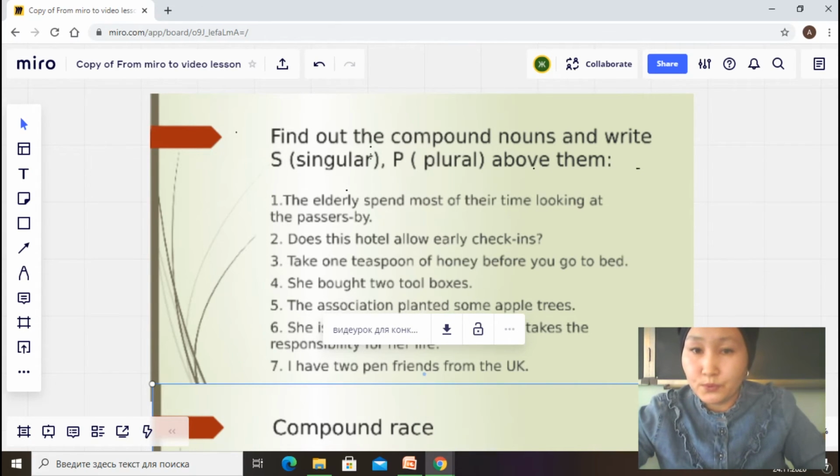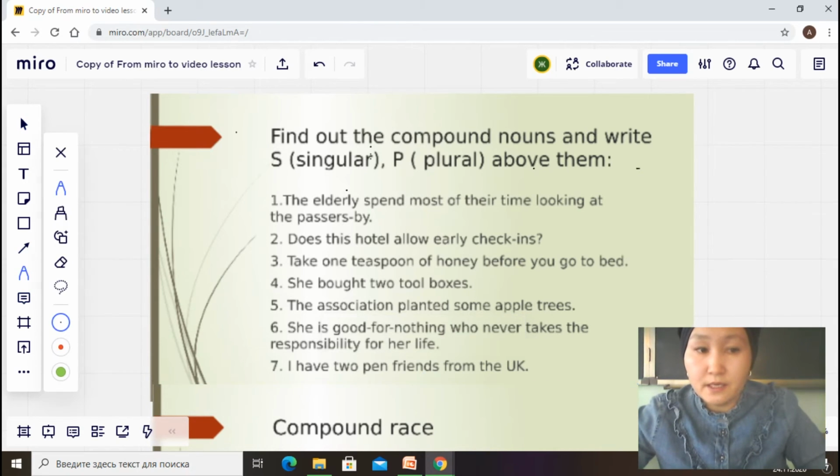We just put S for singular, P for plural. The elderly spent most of their time looking at the passers-by. We should find the compound noun and just write S for singular and P for plural.